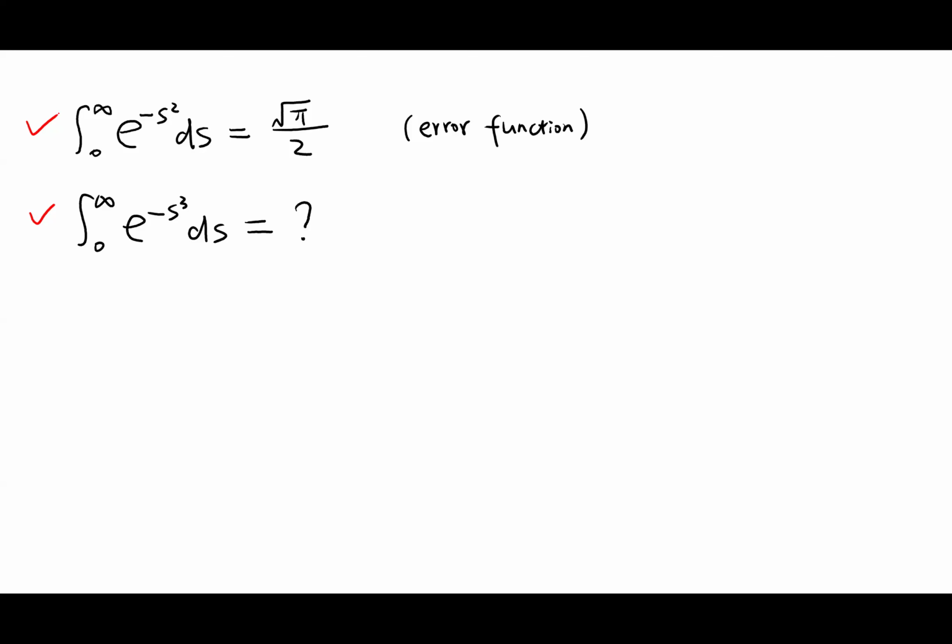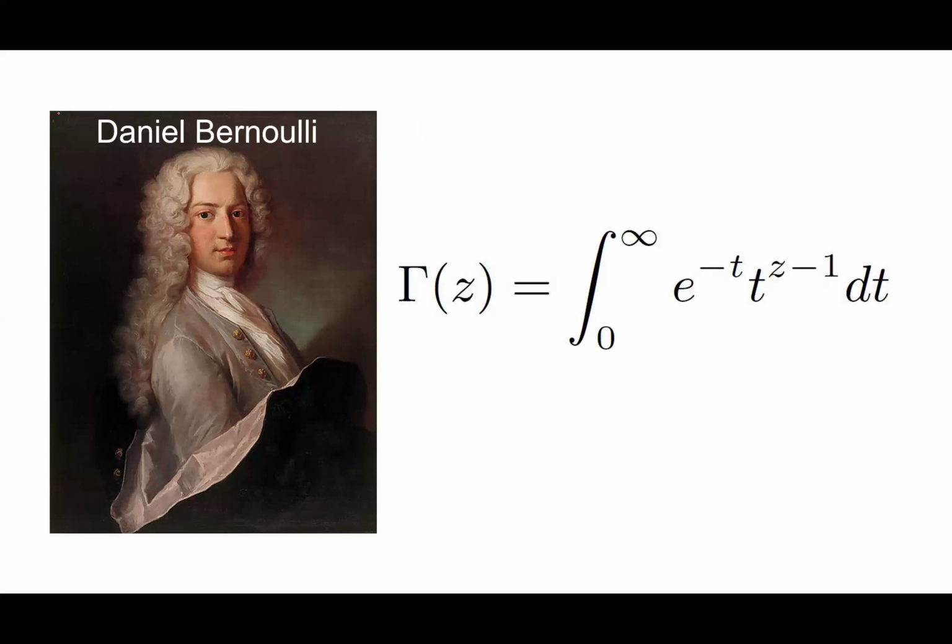Okay. So first of all, let's see the gamma function. The gamma function is defined for any given z as the integration from 0 to infinity of e to the power of negative t, times t to the power of z minus 1, dt.